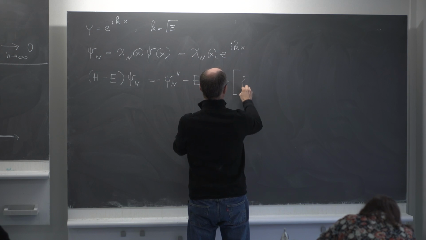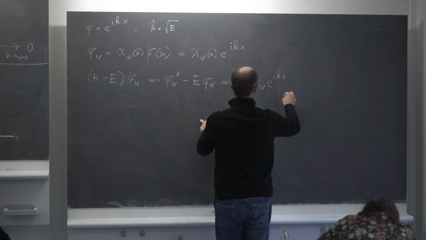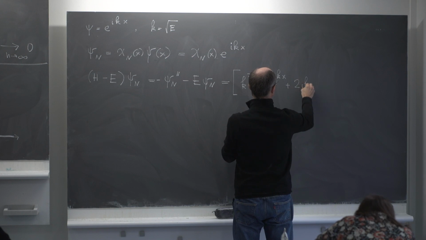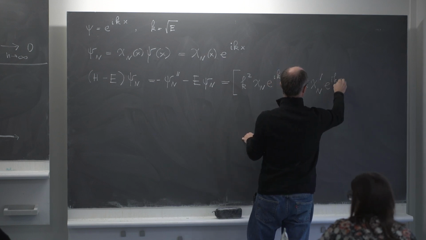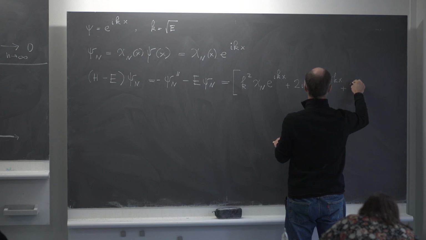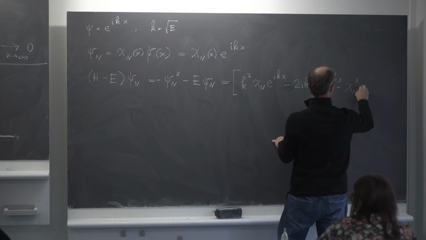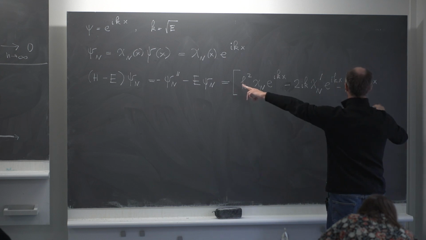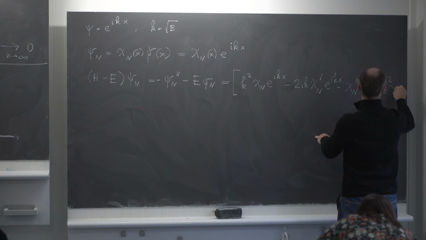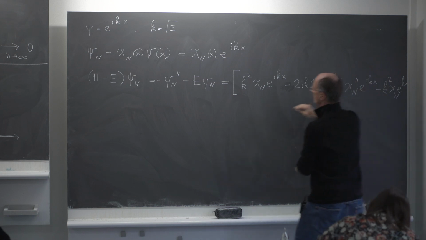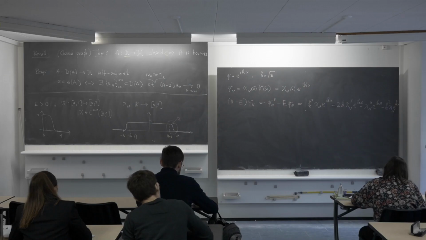So it will be k squared chi n e^{ikx} plus 2ik chi n prime e^{ikx}, minus, I guess, minus chi n double prime e^{ikx}, and minus E is equal to minus k squared chi n e^{ikx}. So that's what we are getting, I think.